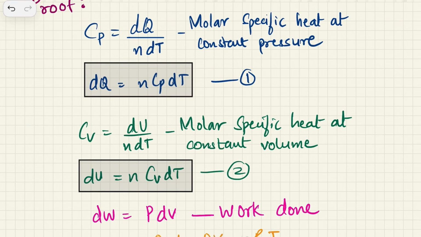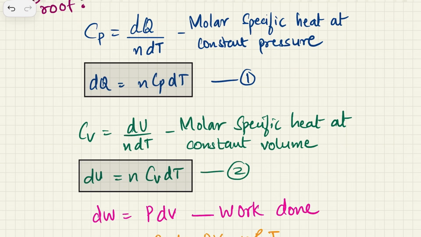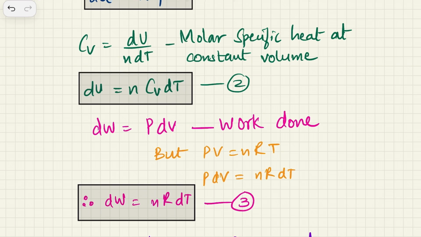Also, I am supposed to find out dw, which is equal to PdV. That is, the amount of work done is nothing but pressure times change in volume. P stands for pressure, dV is the change in volume, and dW stands for work done. But we know that PV is equal to nRT, our ideal gas equation.